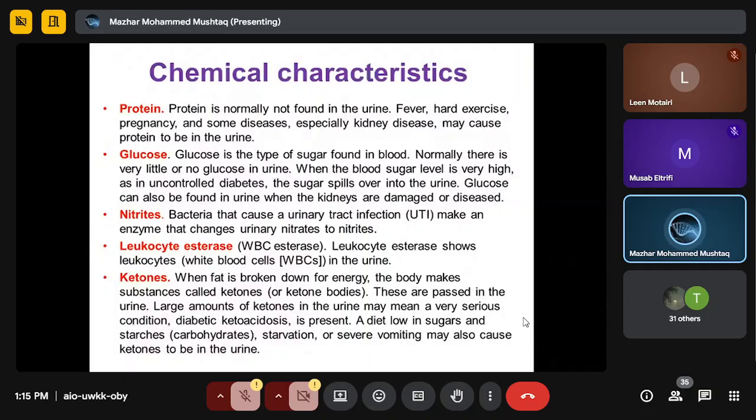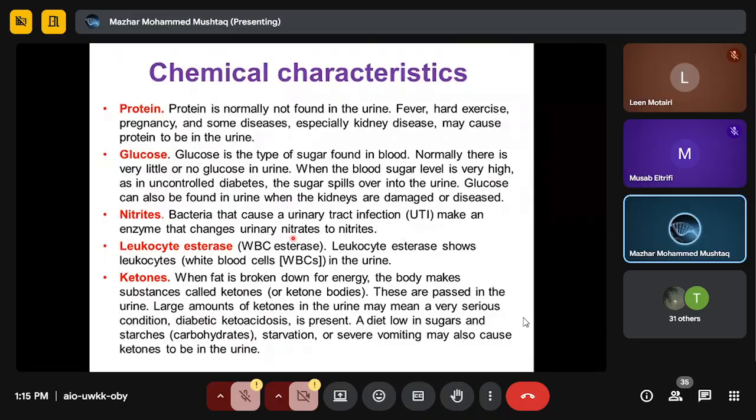The third one is nitrite. Nitrites are normally not present in the urine. What is present is the nitrate. This is a nitrate. Let me get the laser pointer out. Okay, so this is a nitrate. Nitrate is usually present in the urine.